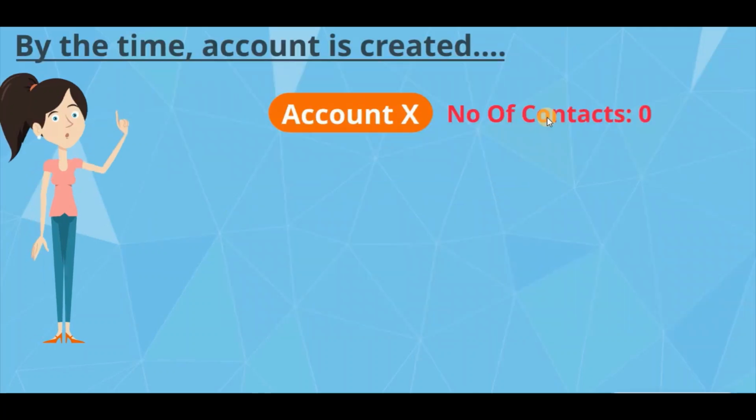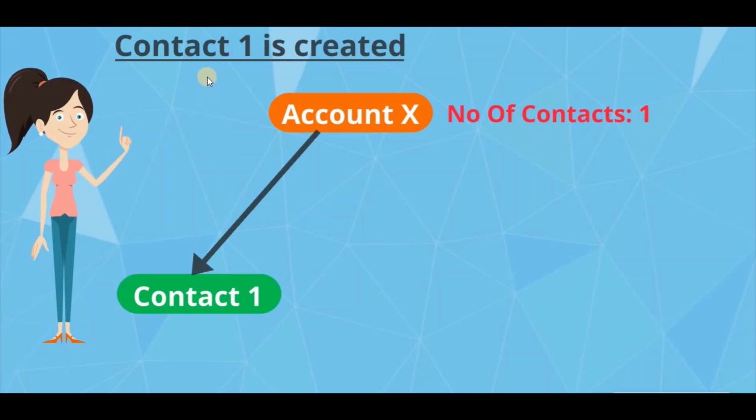Let's begin. Let's understand the implementation here. So we have the account object, right? We'll create a custom field called number of contacts to find the total number of contacts. By the time account X is created, there will not be any contacts, so we really don't need to update the value on the number of contacts field. However, whenever a contact is created, in this case contact 1, we need to update this value so that the total number of contacts is equal to 1 on this particular account record.